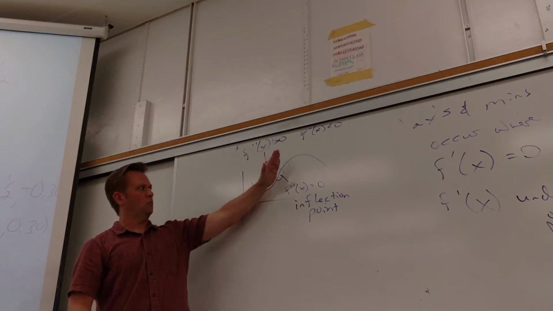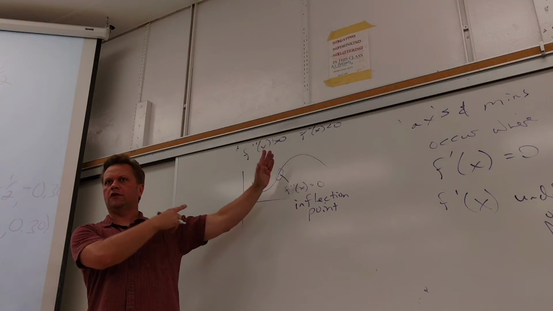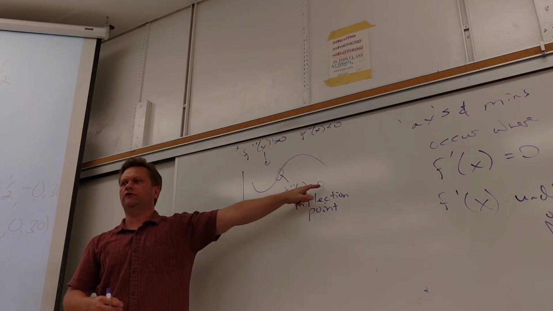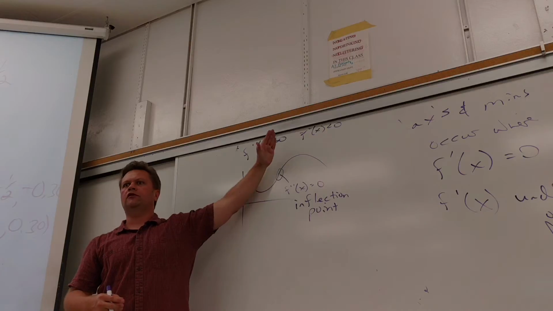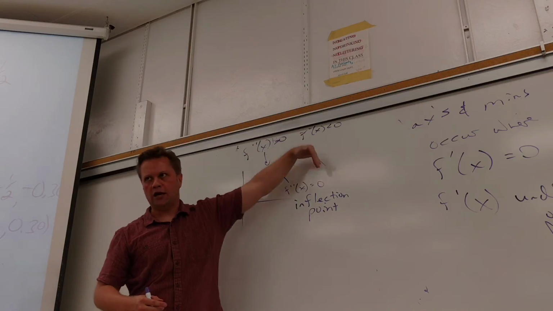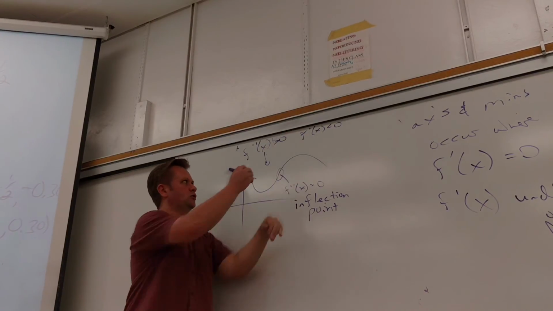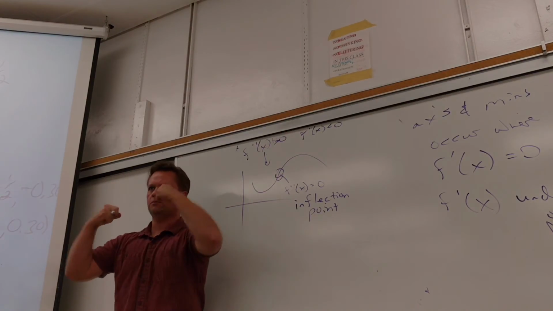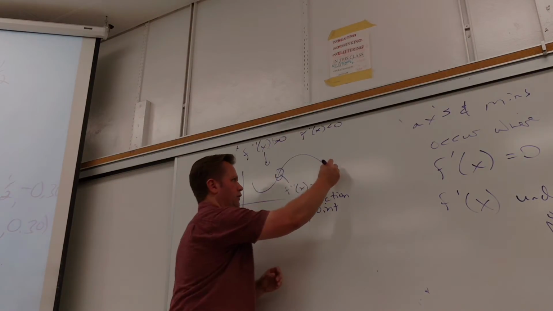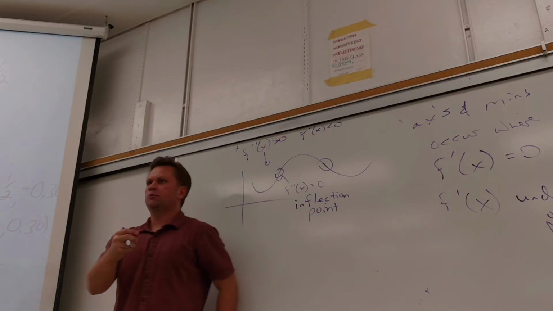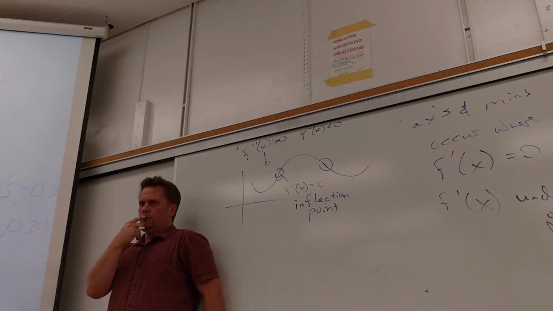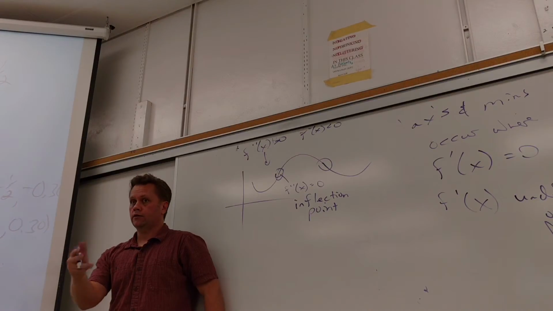In this case, the slope is most positive where the second derivative is 0. Because after that, it's decreasing, so it's going to get less slope. It's getting more and more slope, and then less and less slope. So right there in the middle is the most positive slope. And the same thing happens if I do this. There's an inflection point there. With calculus, I can find exactly where it is.